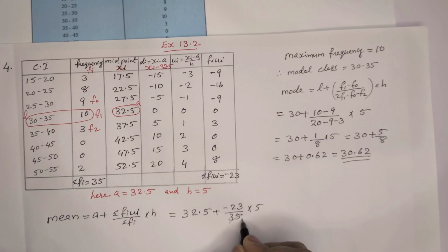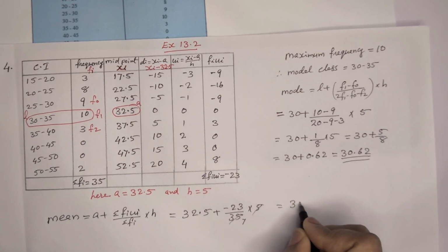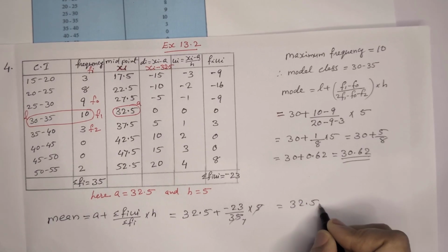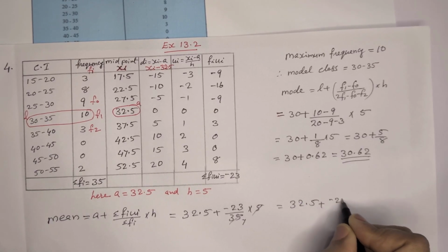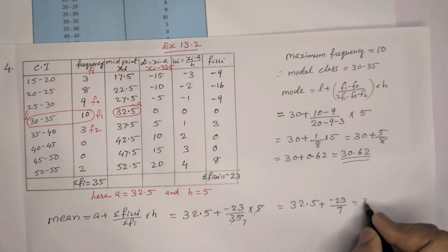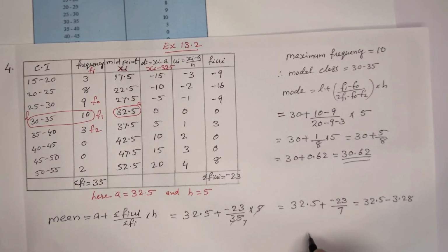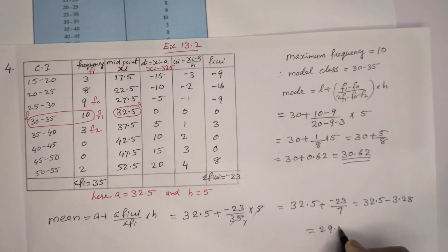And we are simplifying. Is equal to 32.5 plus minus 23 by 7 is equal to 32.5 minus 3.28, which is equal to 29.22.